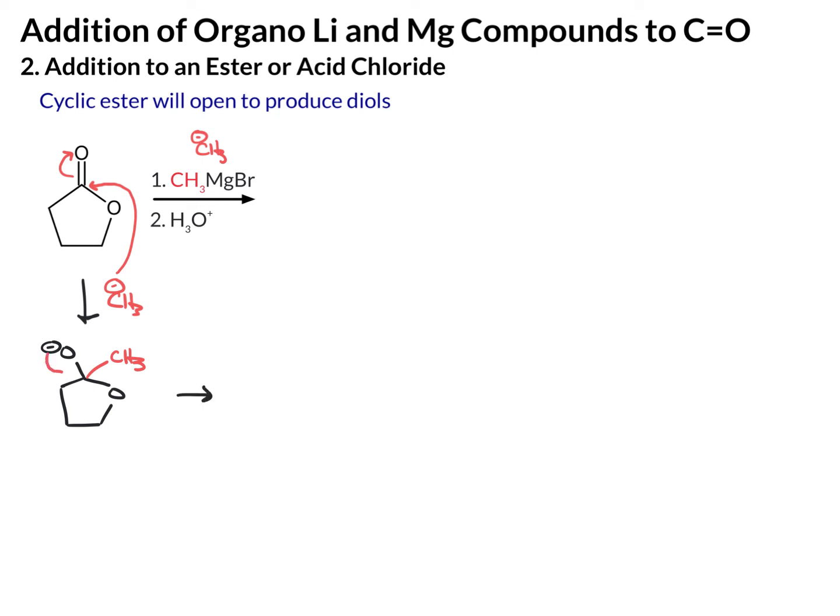I'm going to push these electrons down and break the carbon-oxygen bond. So we end up now with our double bond O, the methyl group's attached, and then we have the carbons that were part of the ring, and then this is bonded to what is now O minus.